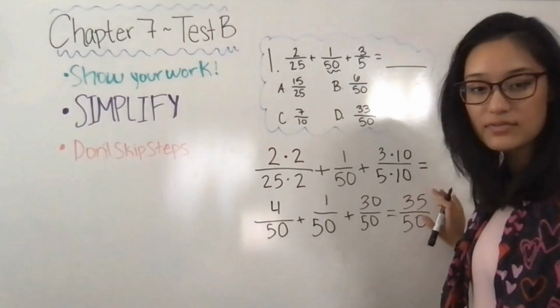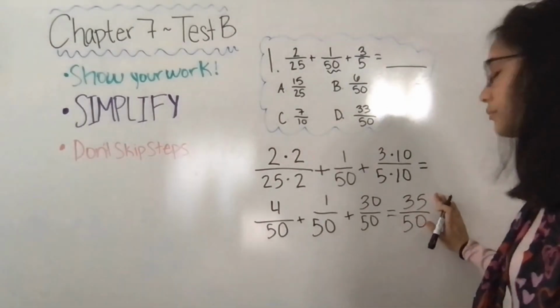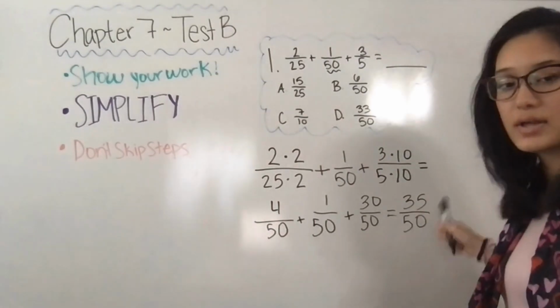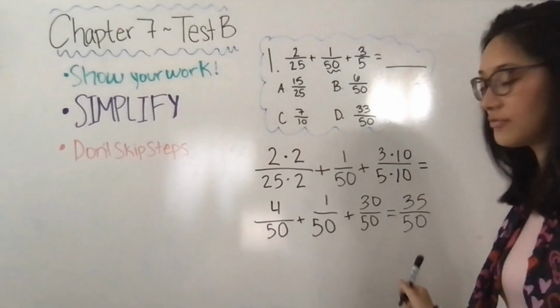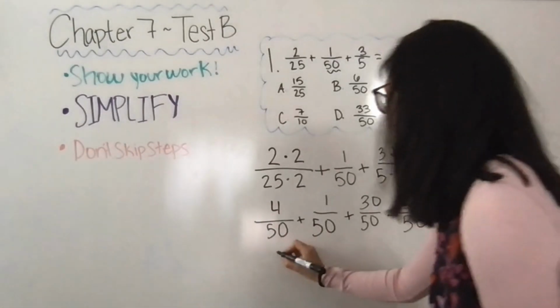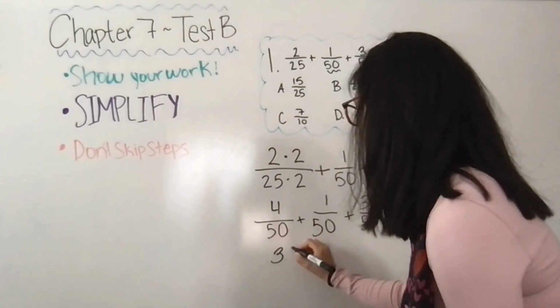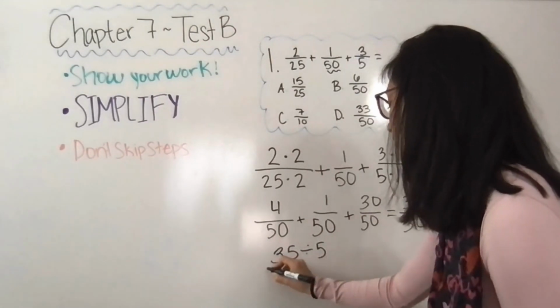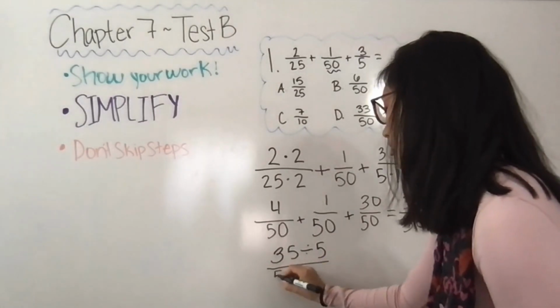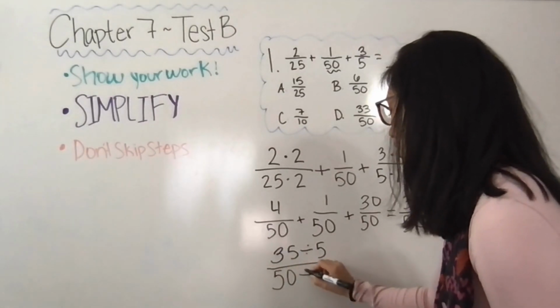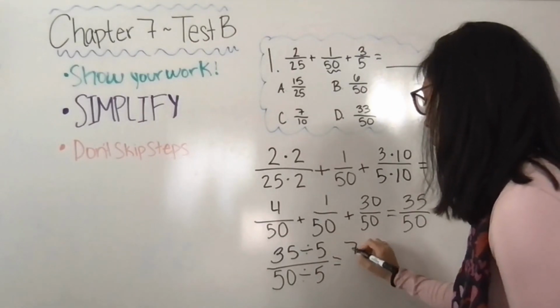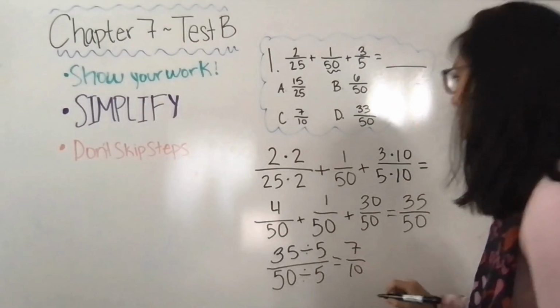Now, how does 35/50 get simplified? Well, you can see that the top and the bottom are divisible by 5. So what you can do is 35 divided by 5 over 50 divided by 5 is 7/10.